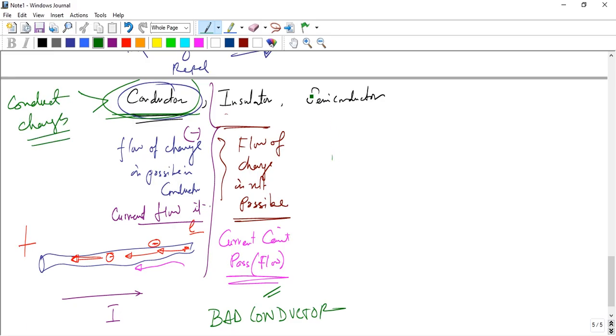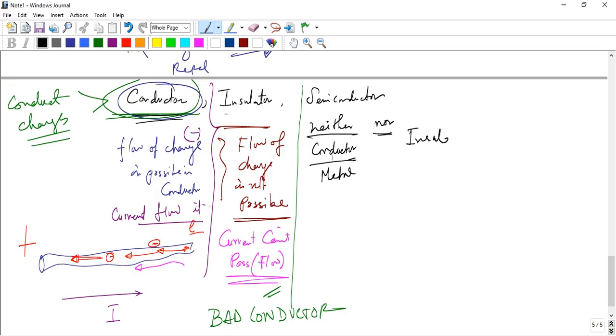And finally, the semiconductor. A semiconductor is neither a conductor, a metal, nor an insulator. Suppose sodium, 2,8,1, loses one electron, so it becomes a positive charge; that is a metal.